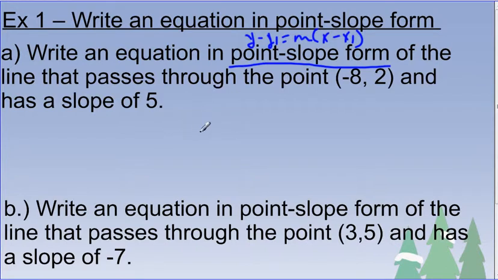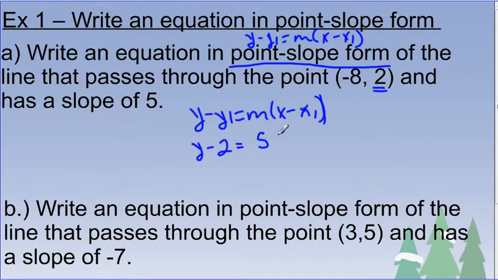First thing, write down the equation. y minus y1 equals m times x minus x1. Now, m, slope. Got it. y minus the y point, x minus the x point. And yes, that is a minus a negative 8.